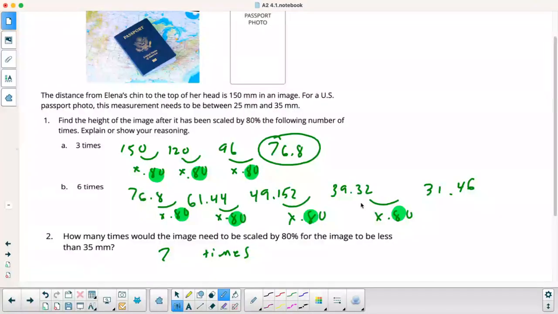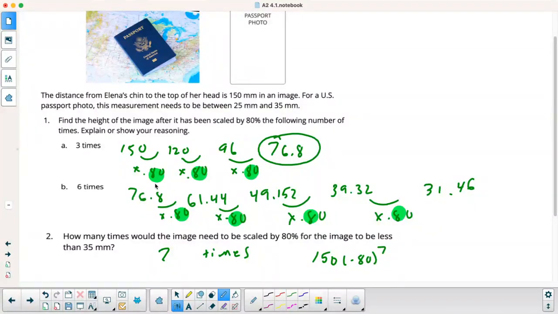Now, because you keep multiplying by 0.80 repeatedly, what you could do is take this 150 and times it by 0.80 to the 7th, because it's kind of the same thing.